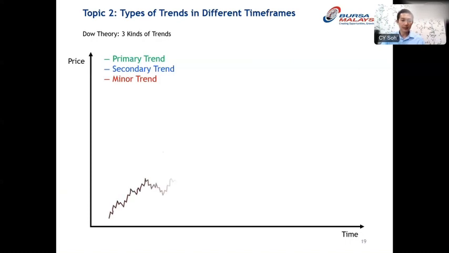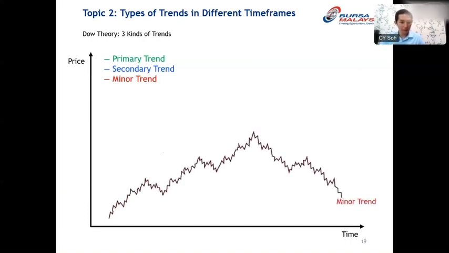Here you can see it's a very choppy market, up and down each and every day. This is the day-to-day fluctuation, a very small fluctuation day to day, which is what we call noise. You will see this mostly on daily charts or even intraday charts.